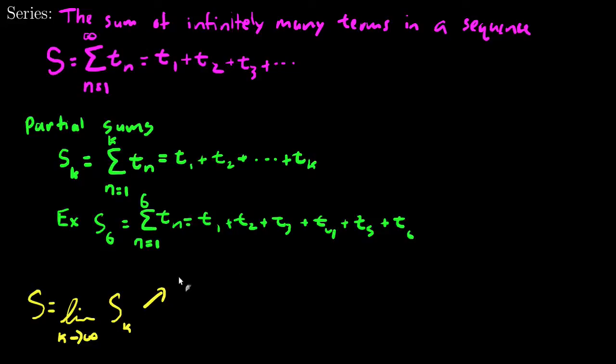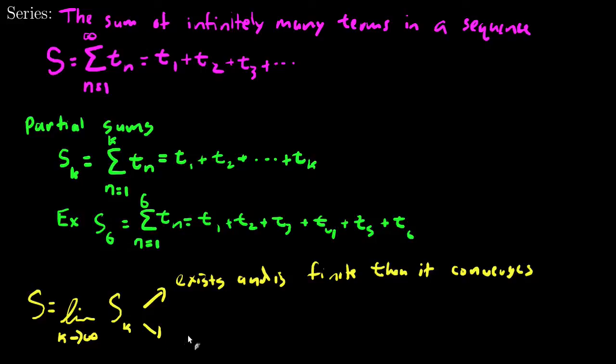And if this limit exists and is finite, then it converges. If this either does not exist or is infinite, then it diverges.